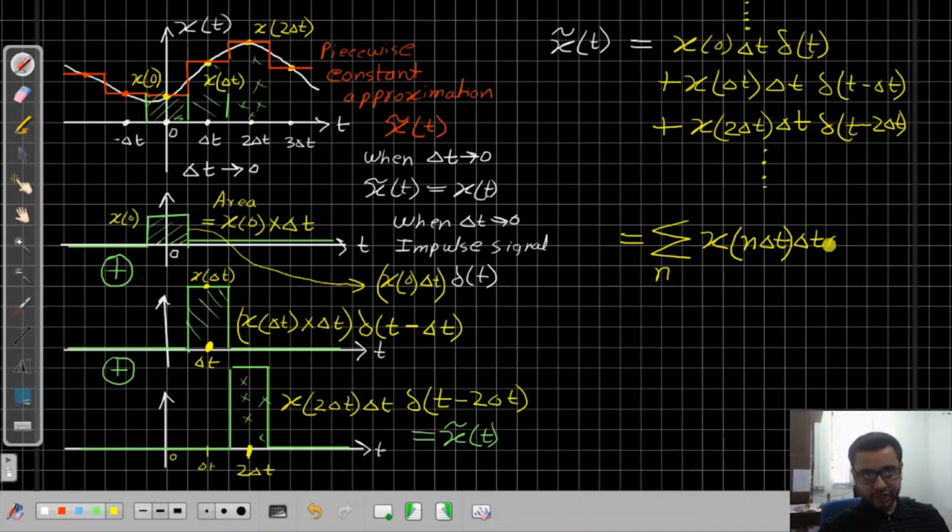Then an impulse function delta, here we have t minus 1 delta t, then 2 delta t, and so on. So this I shall write as t minus n delta t, and we have to sum over n starting from minus infinity to plus infinity, all the integers. Here you see we have n equal to 0, 1, 2, 3, 4. On the other side, we will have minus 1, minus 2, which we have not written.